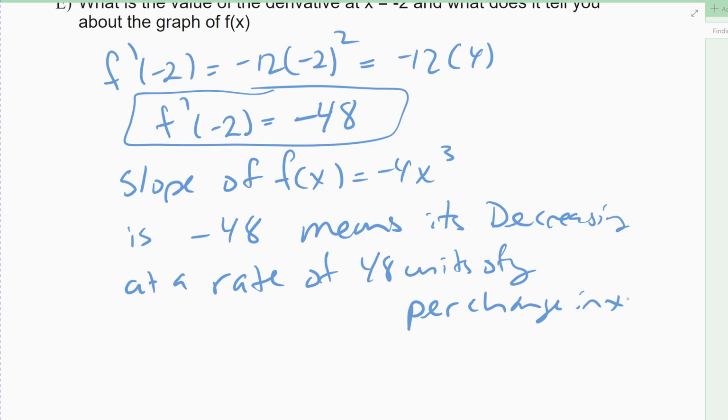We're losing profit by 48 units, $48, per unit of debt at that moment. That might not make any sense, but it just means it's decreasing fast. I'm going down by 48 units per change in x, so I've got a really big negative slope at that moment, a really big decrease. We'll stop there.